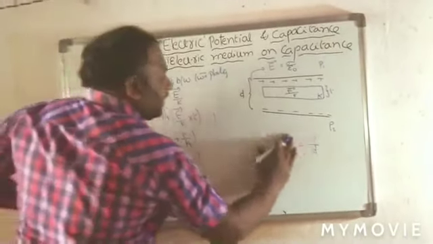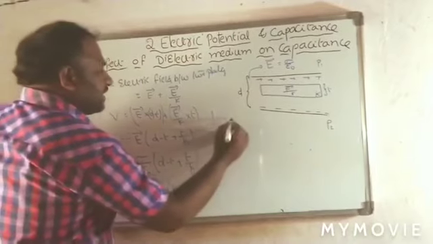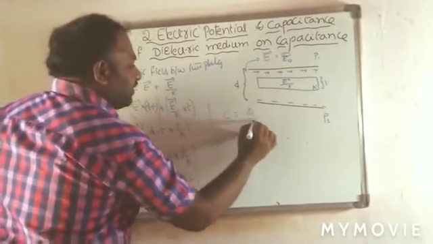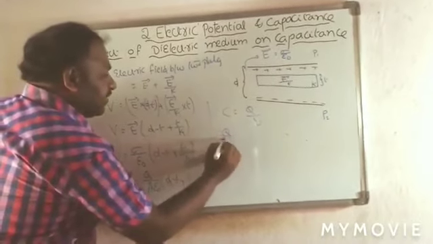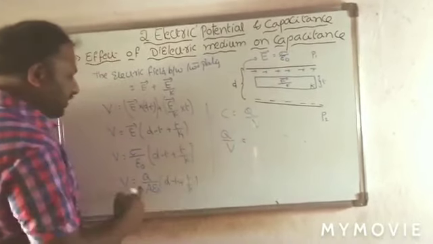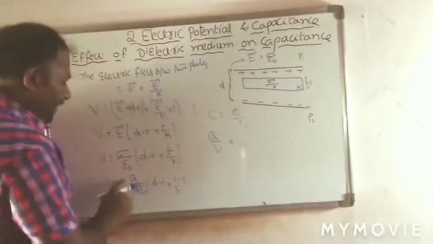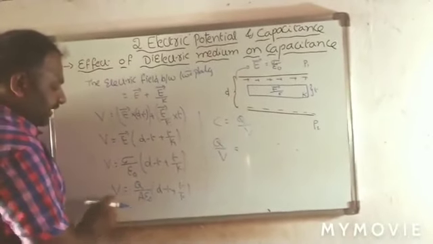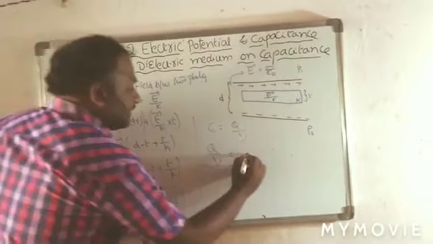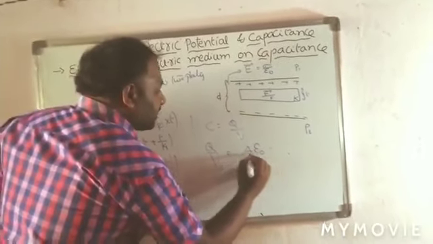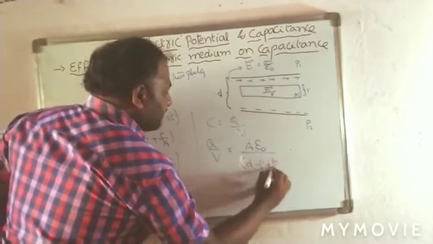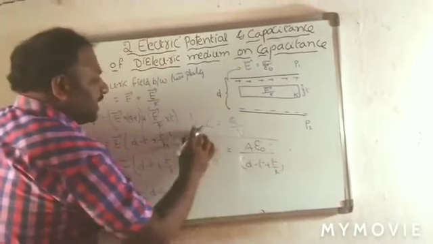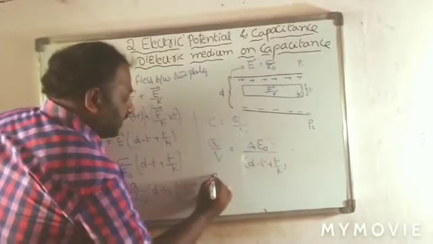Now finally, we know that capacitance C is equal to Q by V. So from this expression, we take V to this side and the remaining terms to the LHS. This is A into epsilon naught by d minus t plus t by K. Here Q by V is nothing but the capacitance.